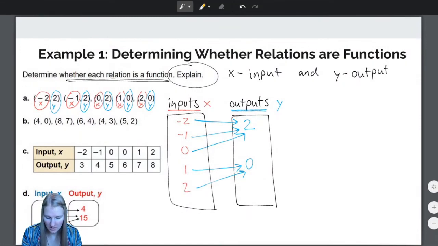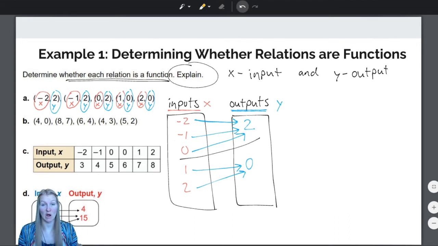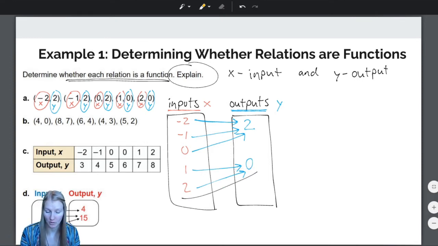Well, -2 has one output, 2. -1 has one output, 2. 0 has one output, which is 2. 1 has one output, which is 0. And 2 has one output, which is 0.